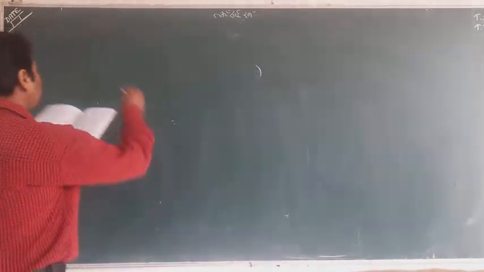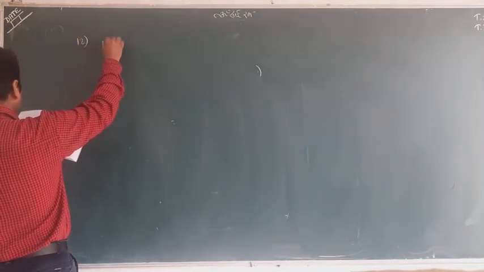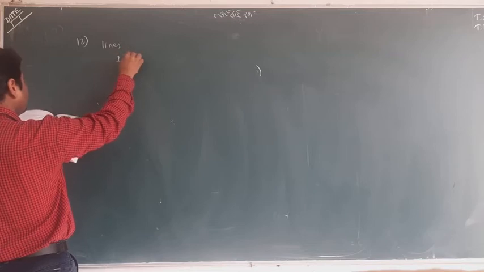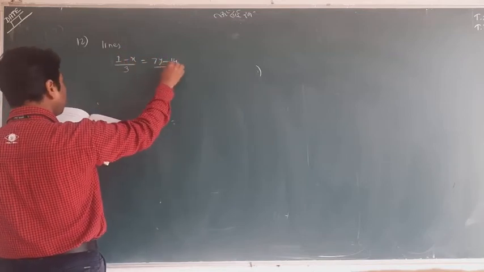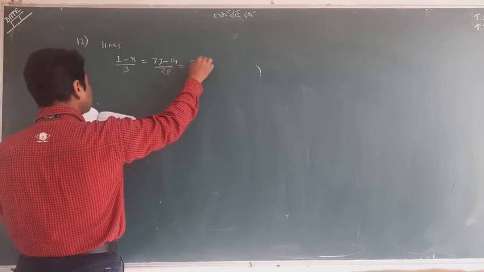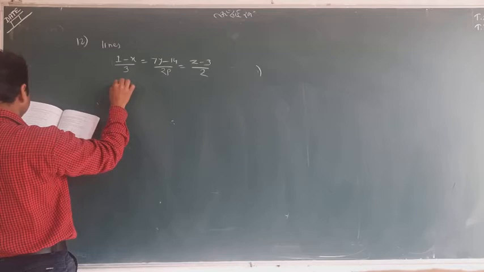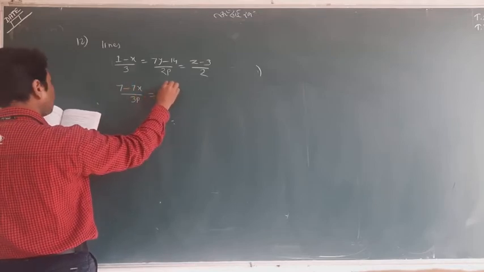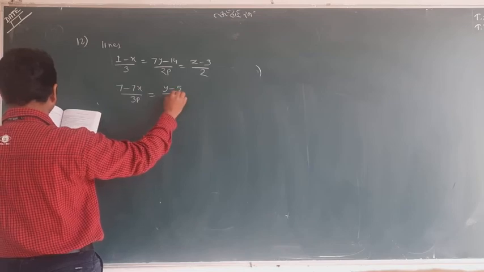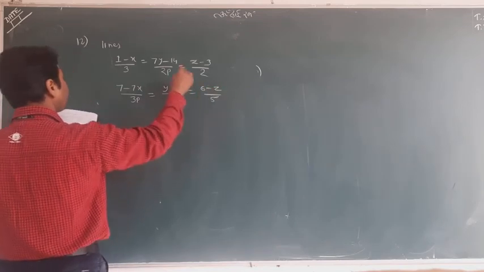The 12th question says the lines are (1 - x)/3, (7y - 14)/2p, (z - 3)/2. This is the first line. And (7 - 7x)/3p, (y - 5)/1, (6 - z)/5.